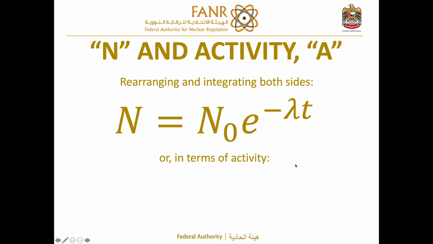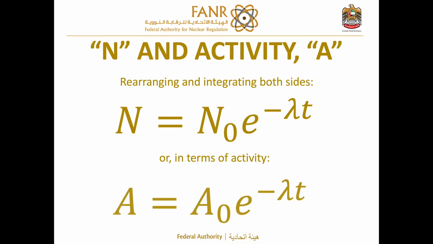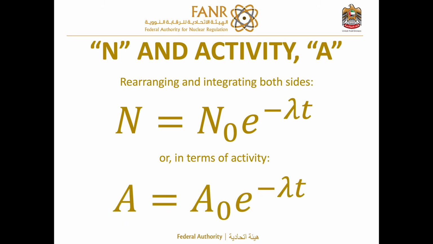Now, if we multiply both terms of this equation by lambda, lambda N is the activity, so we express activity and the way it changes with time in the same way. Activity, the rate of transformations, is an original rate A0 multiplied by an exponential in which only lambda appears with time. So lambda is important. It is the parameter which defines the rate at which activity changes and radionuclides disappear with time.